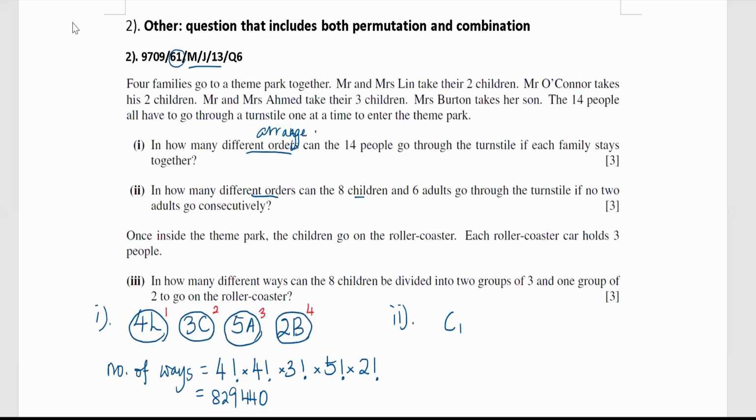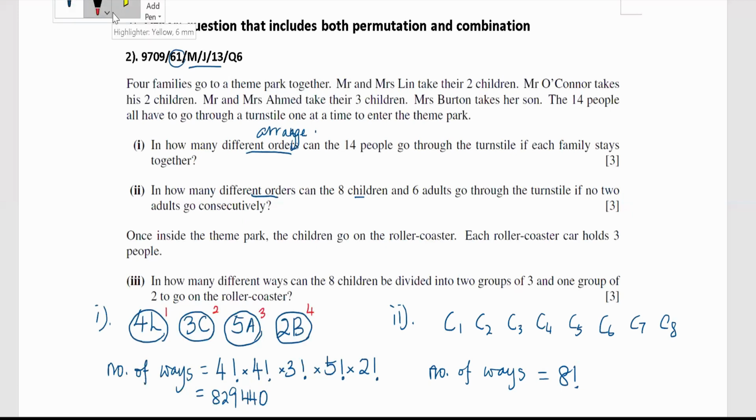We consider children 1, 2, 3, 4, 5, 6, 7, and 8. So these 8 children, we try to look for the number of ways for them to be arranged. That means we have 8 factorial ways to arrange the 8 children.